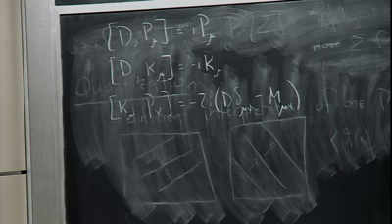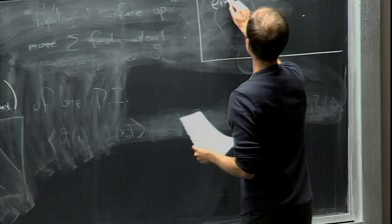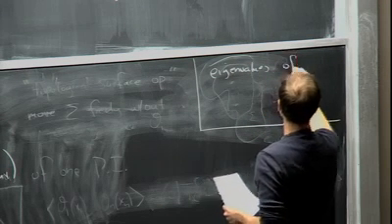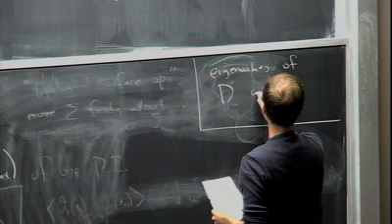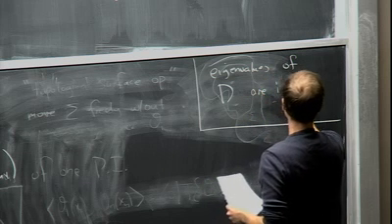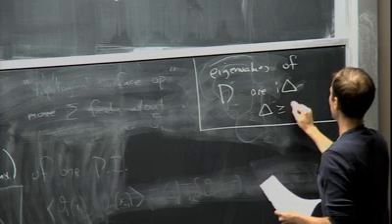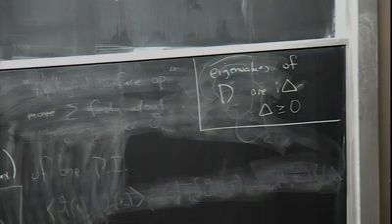Okay, what do these mean? So we'll see a little bit later that the eigenvalues of D are of the form i times delta, where delta is a positive real number, called the dimension.